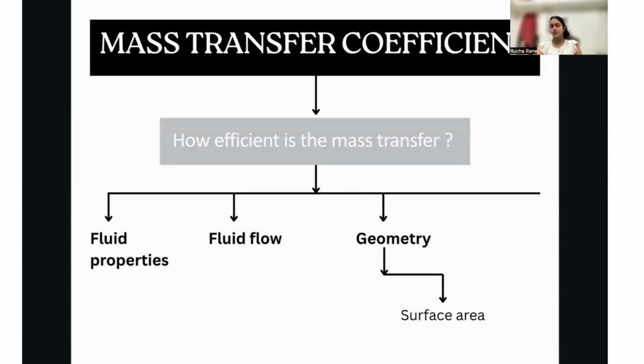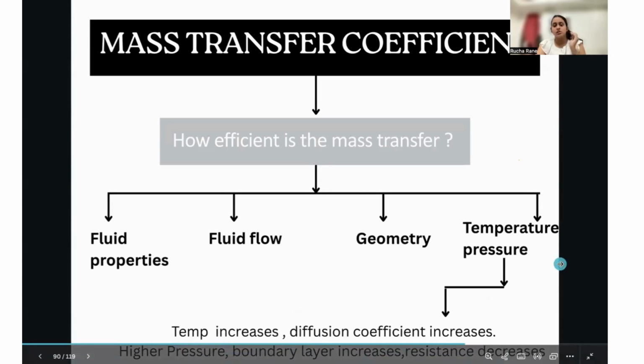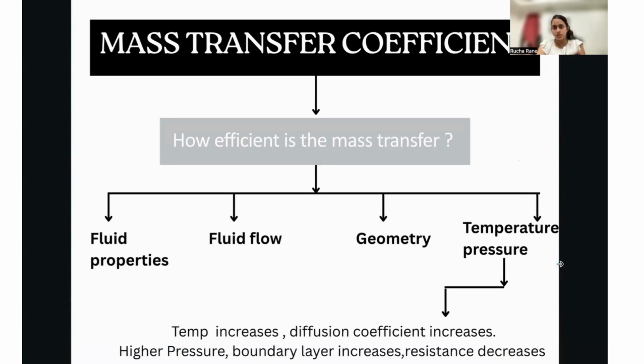Like what is the surface area? Here the term surface area is very vague. The term should be the concerned area at which the mass transfer is occurring. Then temperature and pressure: if temperature increases, diffusion coefficient increases.